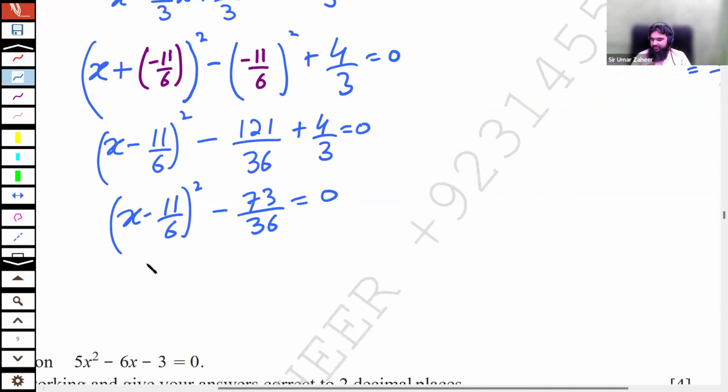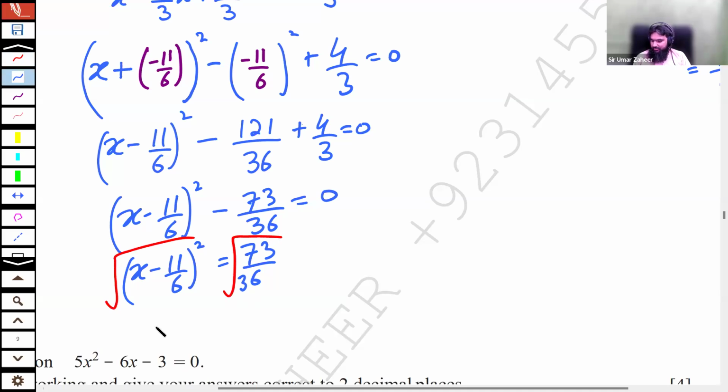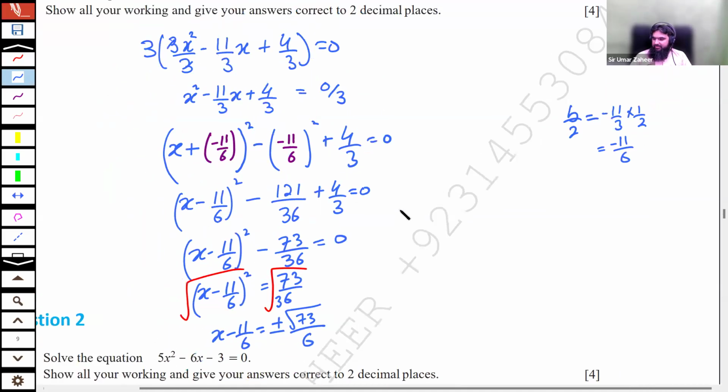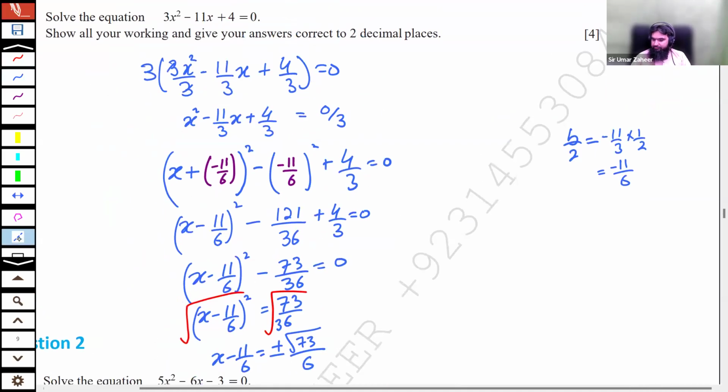Now the minus 73 over 36 on the other side will become 73 over 36. I just want to remove the square, so I take the square root on both sides. So I get x minus 11 over 6 is equal to positive and negative square root of 73 over 6, and 36 is the perfect square of 6.